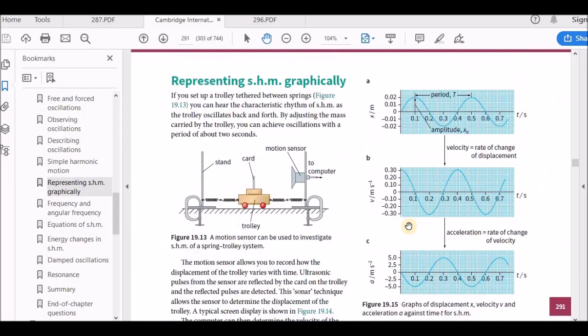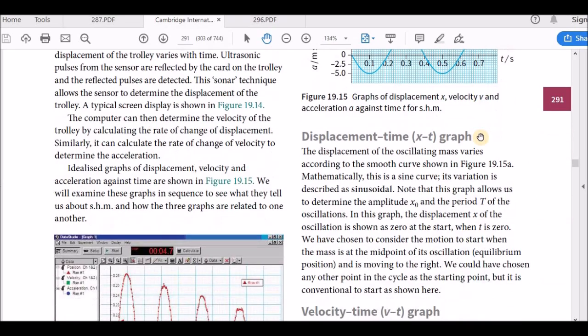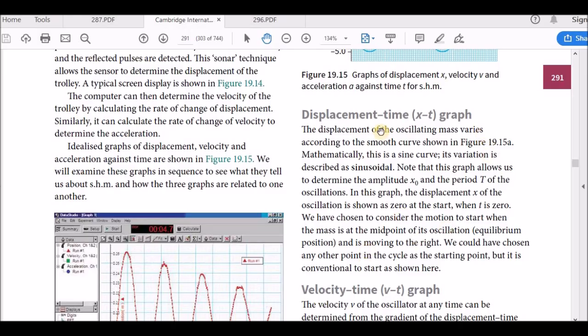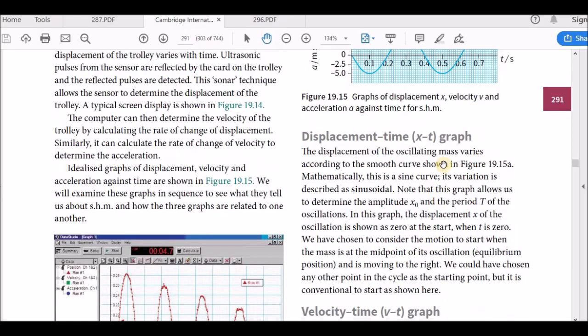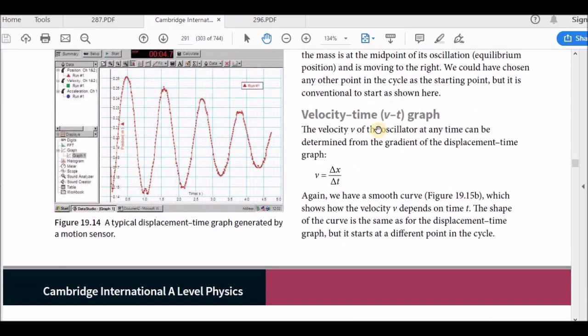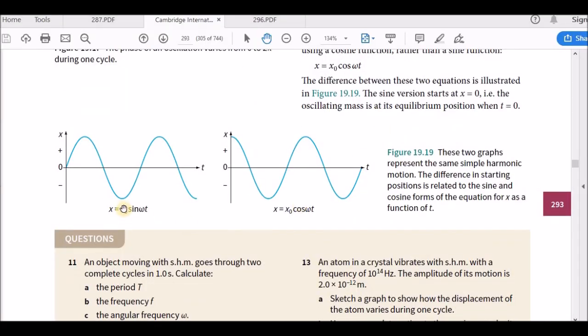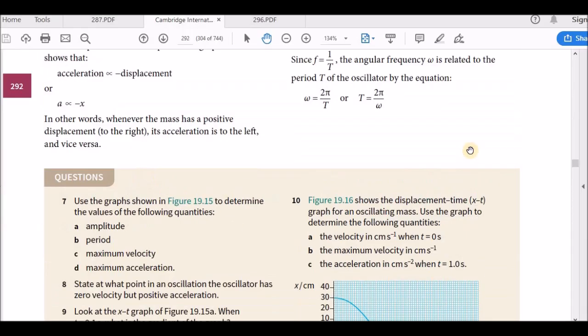All right, let's go back to the graphs. So this is what they are explaining, what I explained just now. By the way, x naught is the maximum displacement, that is the amplitude. We saw that in the equation of the graph also.